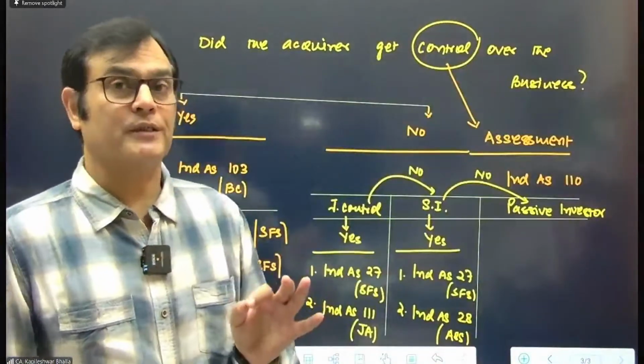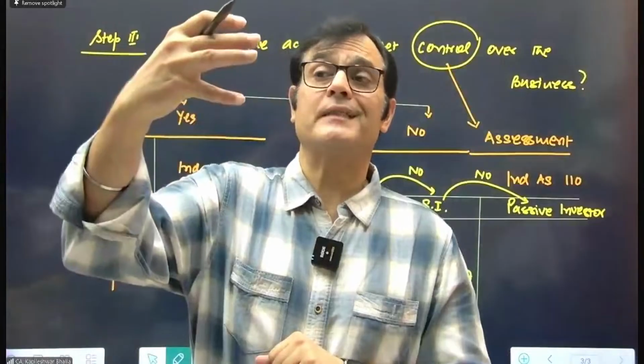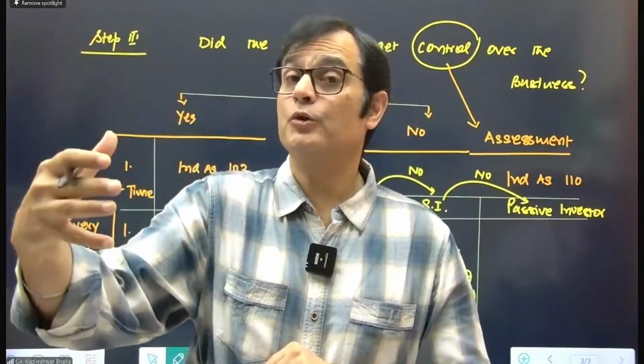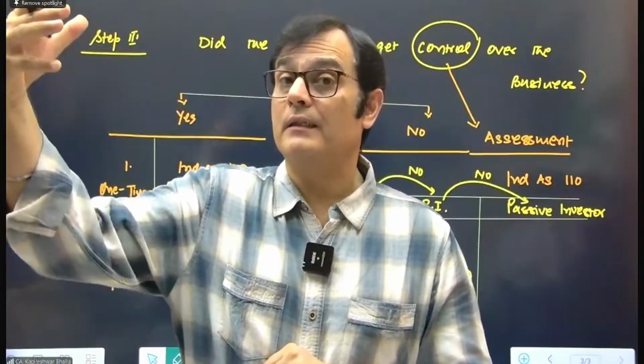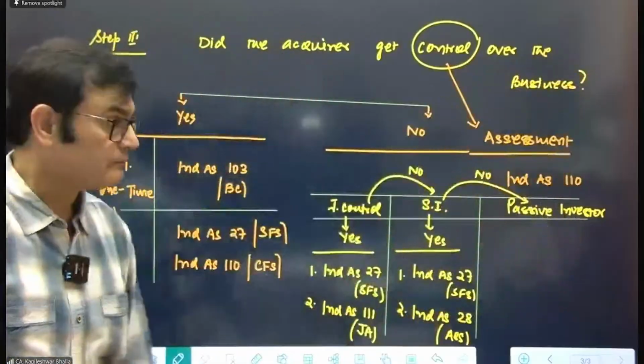So one thing is very clear: you need to assess the relationship of control, if not there, joint control, if not there, significant influence, if not there, passive investor. It is to be applied in a sequential order.